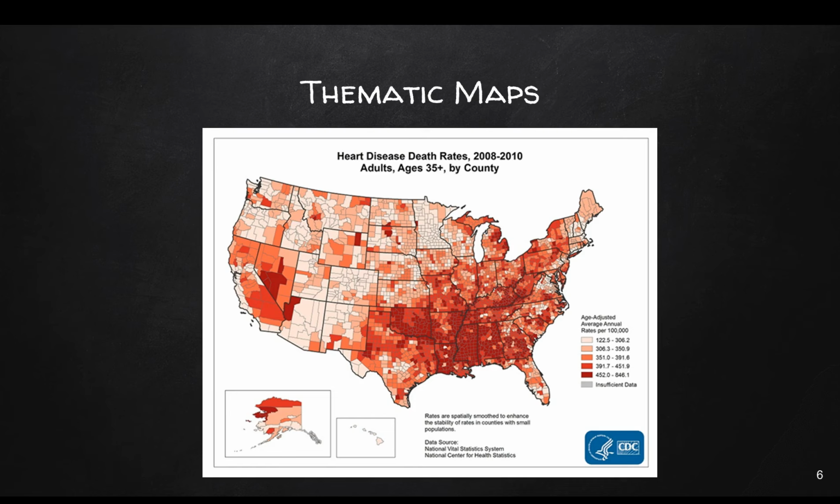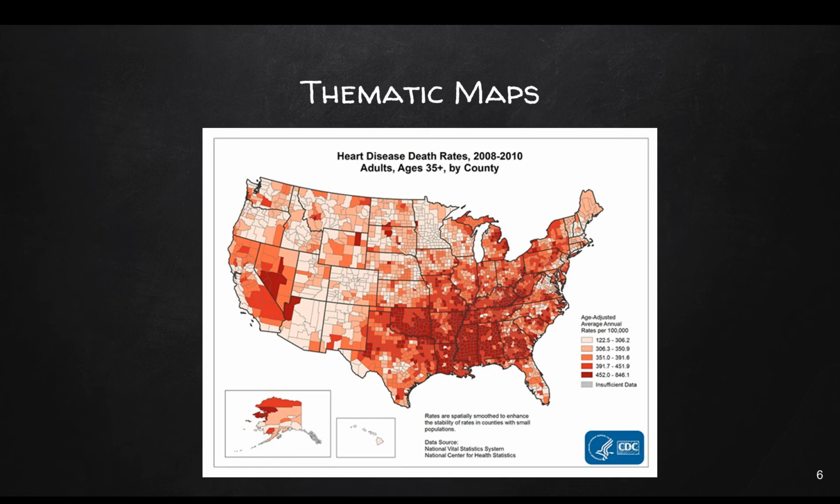Sequential colors on these maps represent increasing or decreasing positive or negative data values. Normally, each color represents a range of values. Returning to the map seen here, darker red areas signify higher death rates due to heart disease compared to the lighter areas.